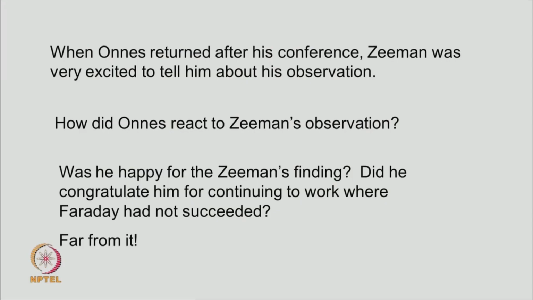So, this was the first indication of what was to be famously known as the Zeeman effect. Onnes came back after his conference, and Zeeman was very excited to tell him about his observation that here are the sodium lines and they are showing some broadness if they are subjected to this magnetic field.